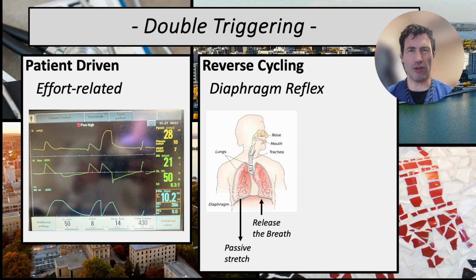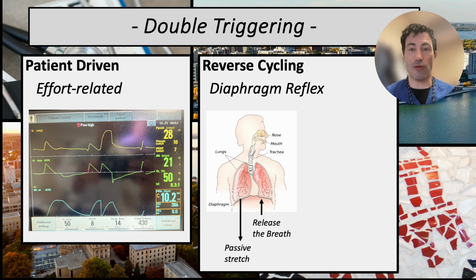Reverse cycling is a really weird phenomenon. It's passive, and it's a reflex, just like your patellar reflex, where when you hit the patellar tendon, your muscle flexes. It's a backwards reflex at the diaphragm. It's when you passively stretch the diaphragm with a mechanical ventilation breath. They breathe in, and then you release it. You start exhalation. When you release it, the diaphragm flexes.